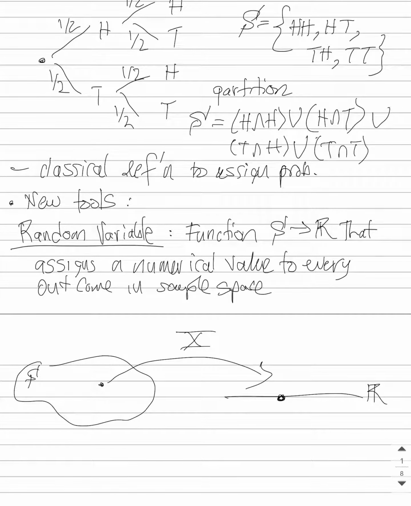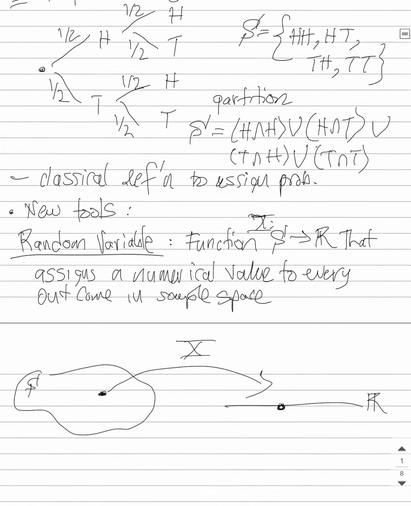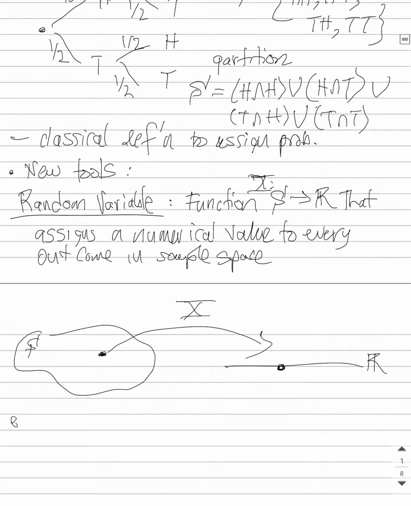And so in this particular case, the function here that we're going to talk about is a capital X. So I'm putting bars on the top and the bottom. And this random variable will take one of our outcomes from the sample space and it will turn it into a number. Now, that random variable could be anything. You could assign any number you want.